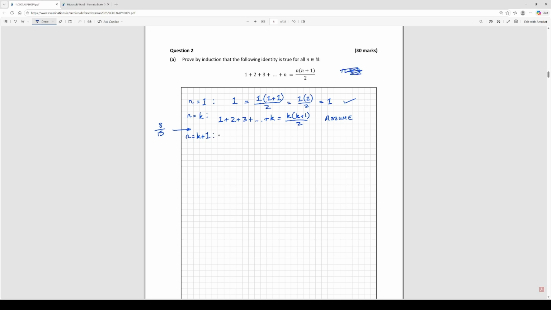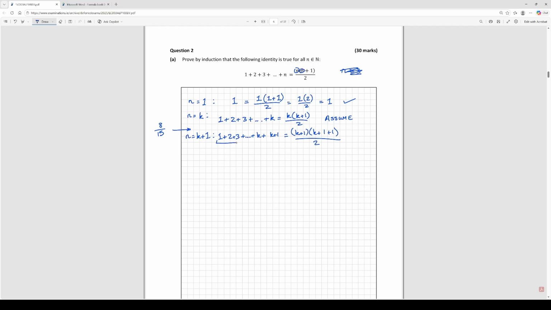k plus 1 would mean that we'd have 1 plus 2 plus 3 plus dot dot dot plus k plus a new one of k plus 1. And that would be equal to k plus 1 in place of this n here. And then k plus 1 in the bracket in place of this guy here, and the plus 1 is here, all over 2.